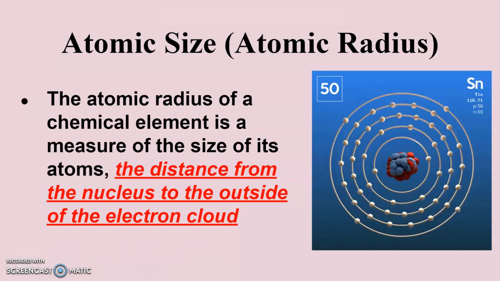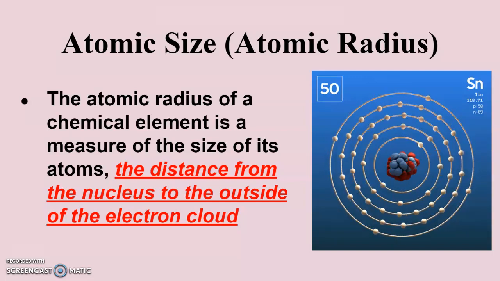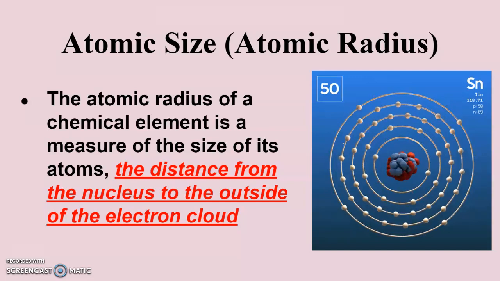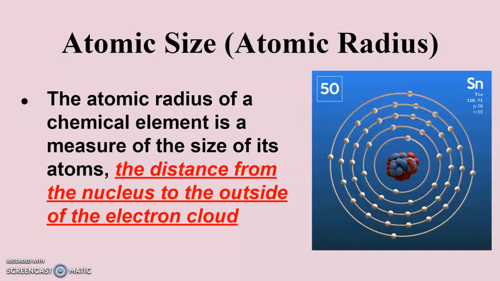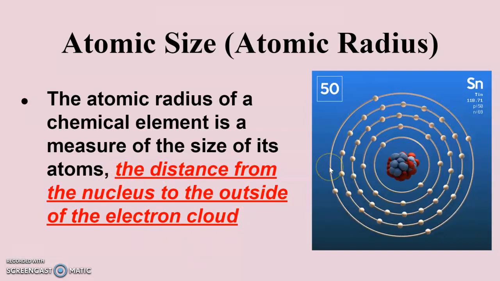The atomic radius of a chemical element is the measure of the size of the atom, so the distance from the nucleus to the outside of the electron cloud. So if you remember calculating the area and the circumference of circles in math class, similar thing. So it's just the distance from the nucleus to the outside of the electron cloud.